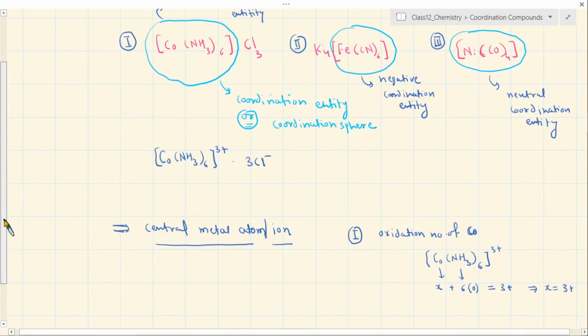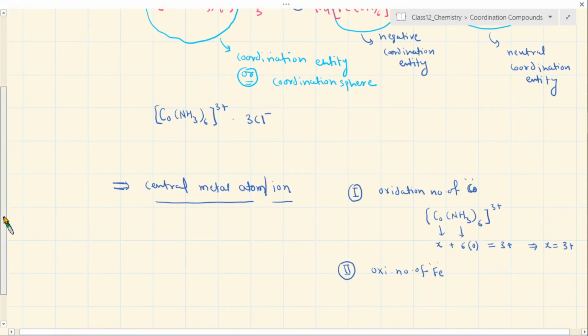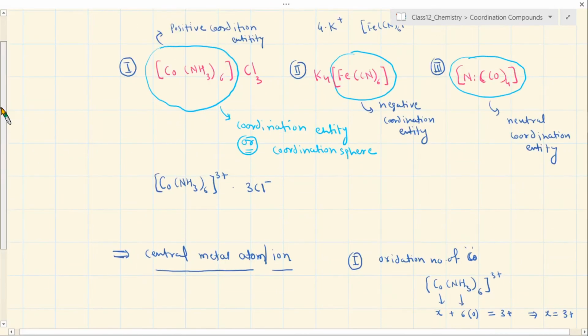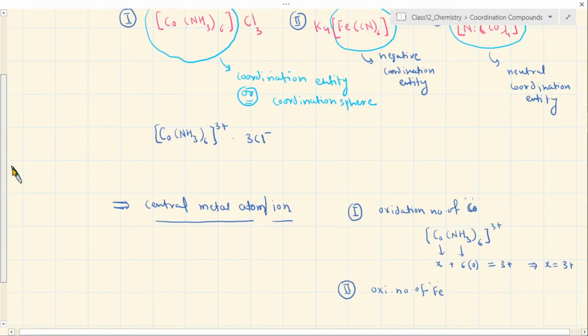Okay, so this is how you can identify even the oxidation number. So in this coordination entity here in this complex, cobalt is an ion. Please see, that's how you can very easily tell. If you look at the second example, the oxidation number of iron, let's find that out. You can see that the total charge on this entity is 4 minus. You can see that when it dissociates, it will be 4 minus.